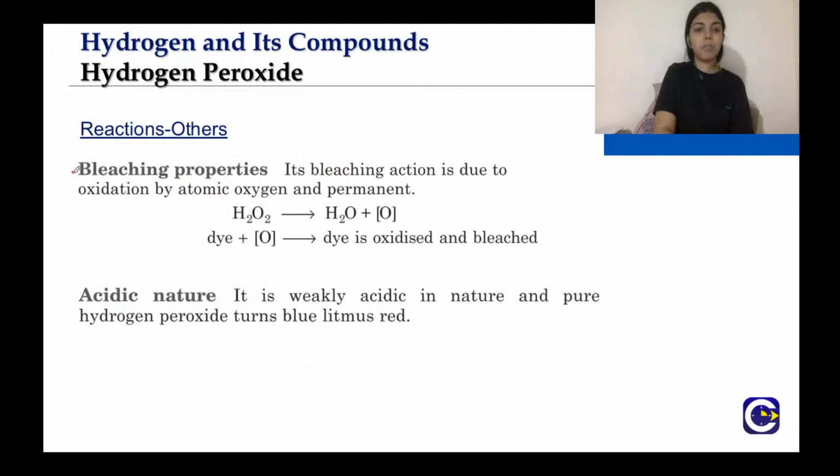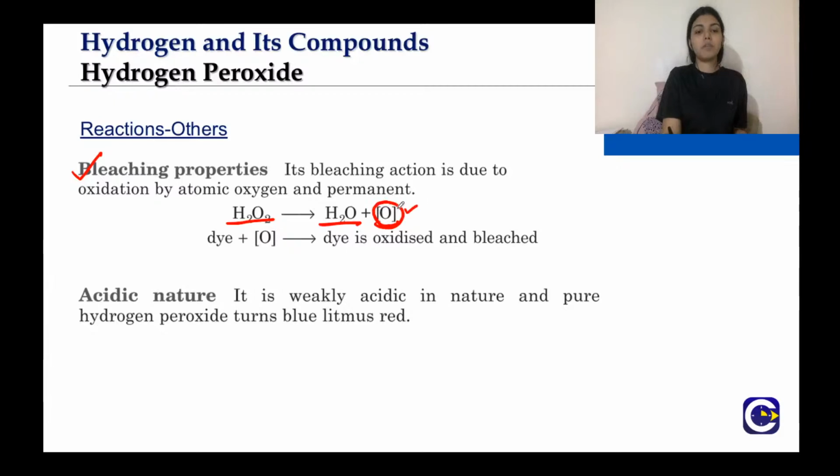Now the bleaching properties. So what is bleaching? Basically lightening the color, right? Lightening some substance is known as bleaching property. So it acts as a bleacher, or it has a bleaching action, right? So H2O2 on decomposition will give you H2O plus nascent oxygen.